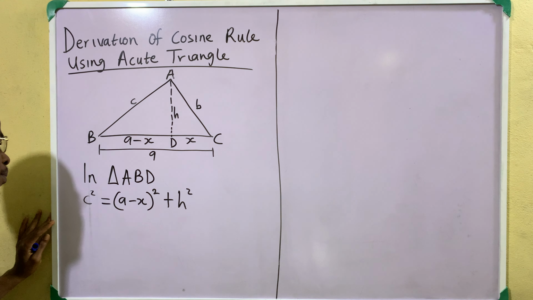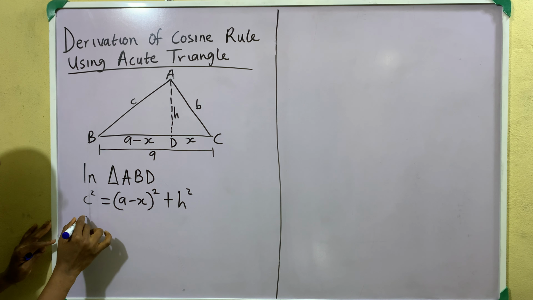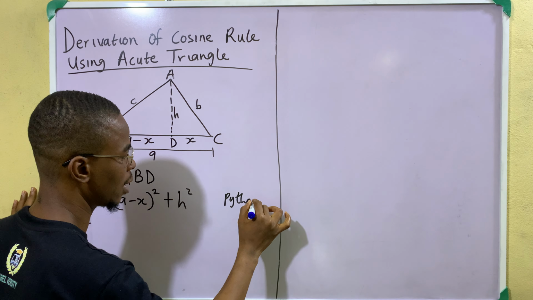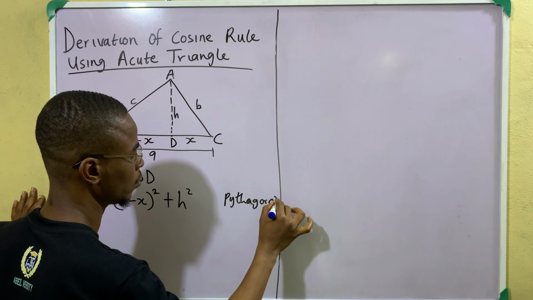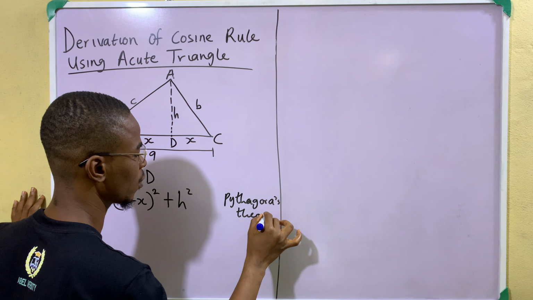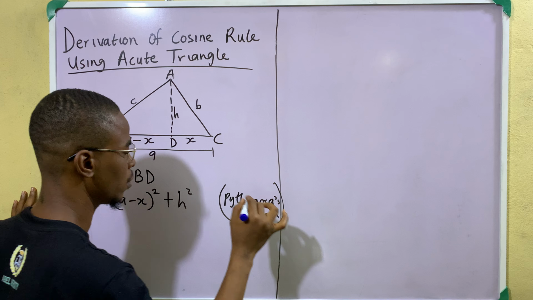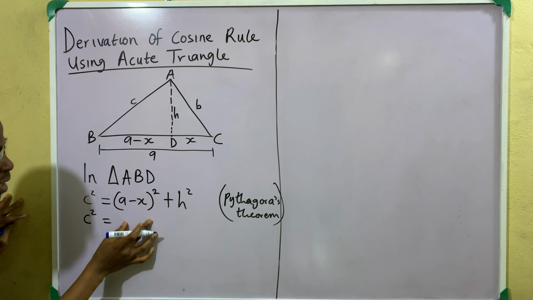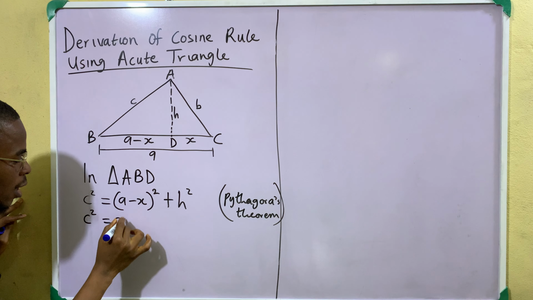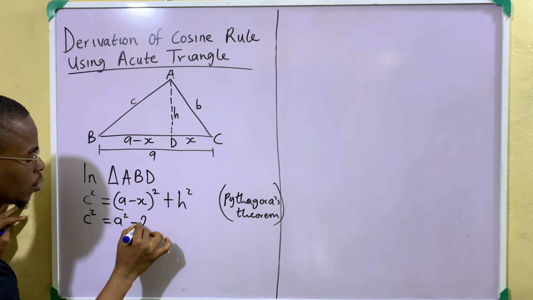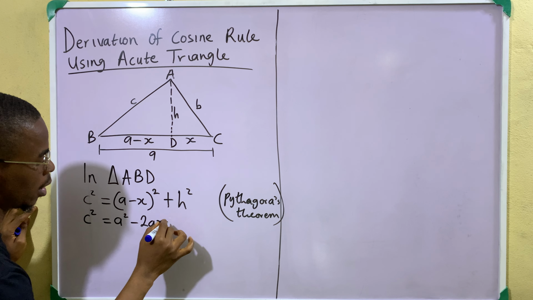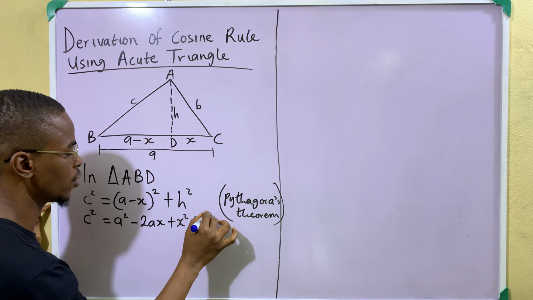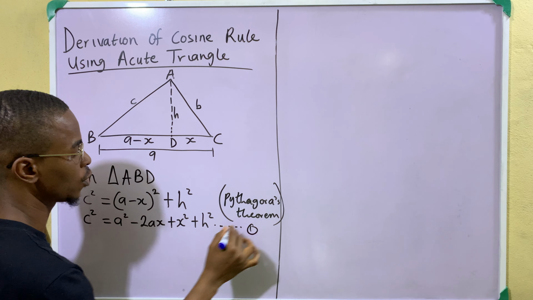H squared. If we expand this bracket, c square will be equal to a square minus 2aX plus X square plus H square. We can call this equation 1.